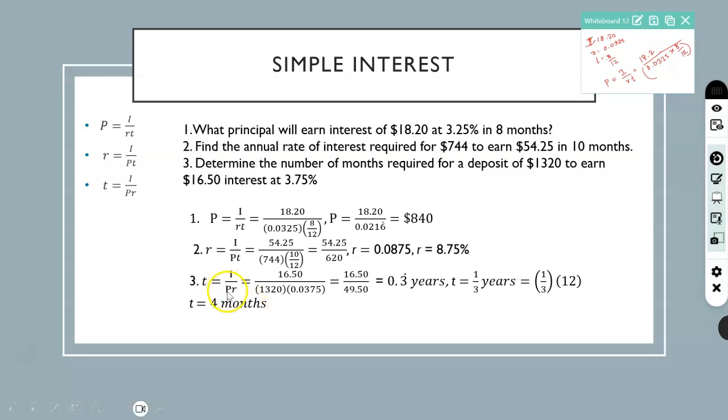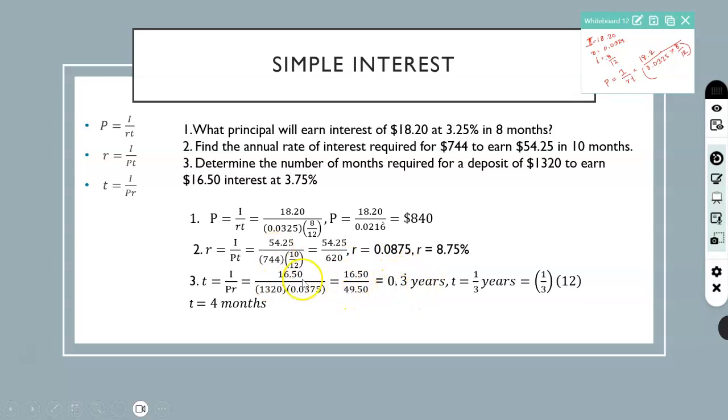Whatever you have deposited is your principal amount, and the rate given is 3.75, so we wrote 0.0375. Always convert the rate into decimal when using it in the formula. Then you will calculate it the same way.